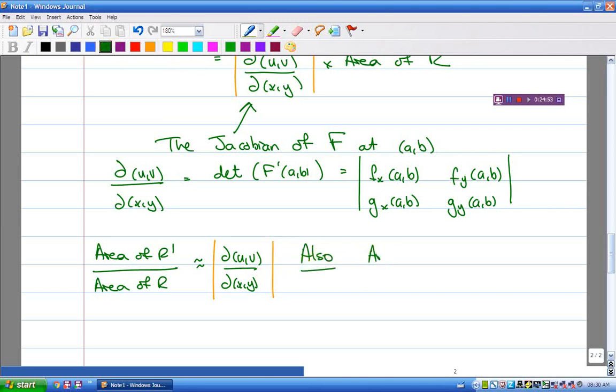Also, we can actually flip it. Area of R dash is equal to, which is possibly not immediately obvious. Is it obvious that 1 over that curly D story, can you just flip it like you can a fraction?